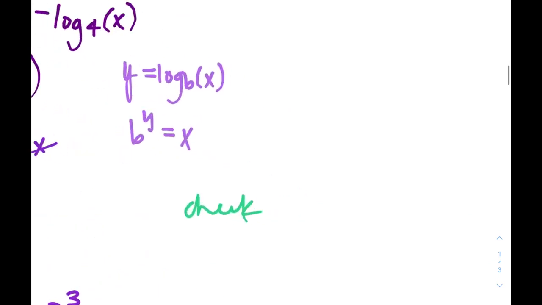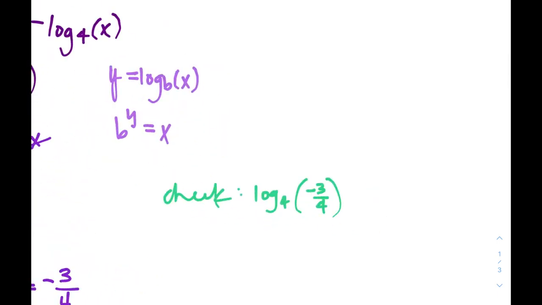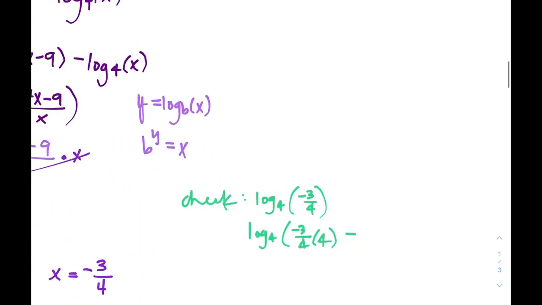So we'll have log base 4 of negative 3/4 and log base 4 of negative 3/4 times 4 minus 9. Okay, and here's the problem. Neither of those work, right? Remember, the domain of a log is 0 to infinity.